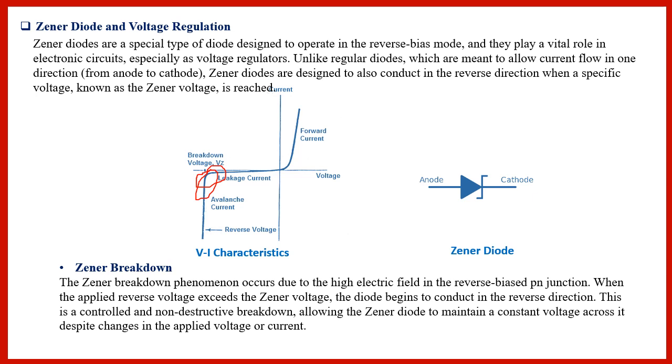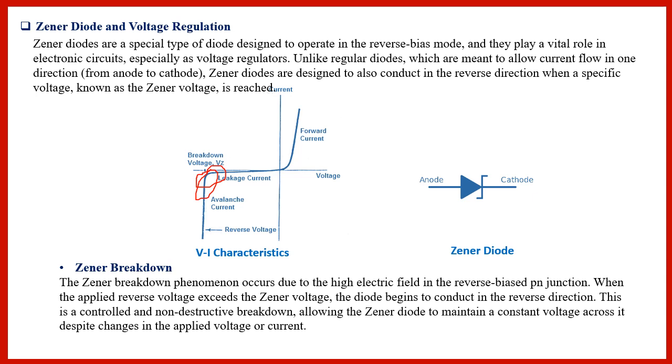This particular knee point in the reverse direction is known as the breakdown voltage, which makes a diode a Zener diode. This junction was first described by the American scientist C. Zener. Therefore, the breakdown voltage is sometimes called the Zener voltage, and the sudden rise in the current is known as the Zener current.